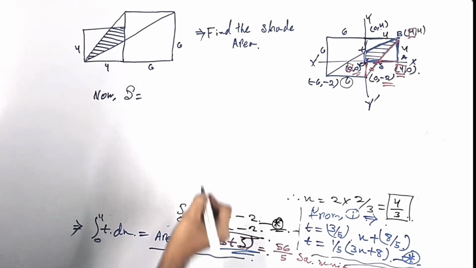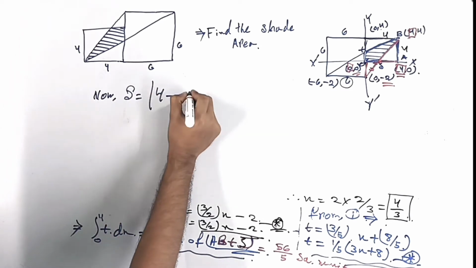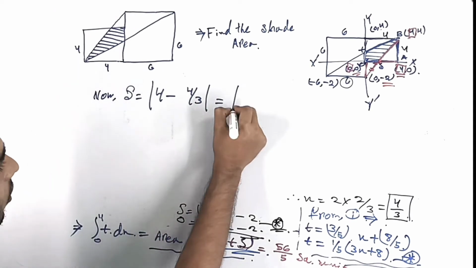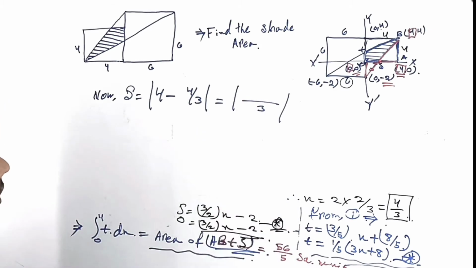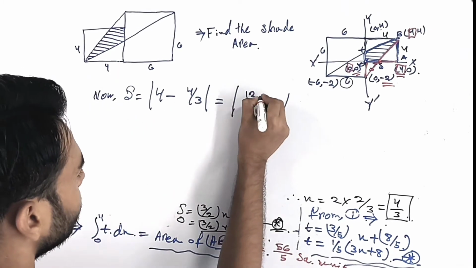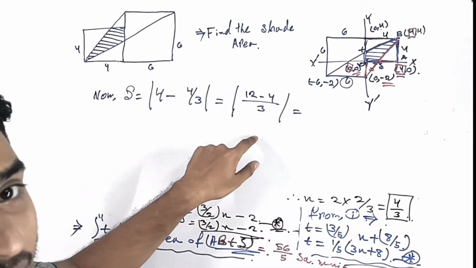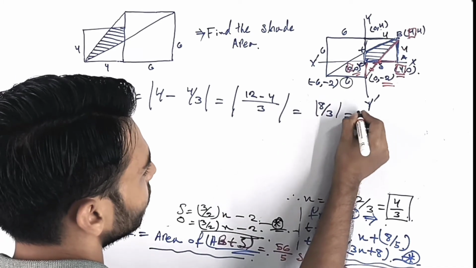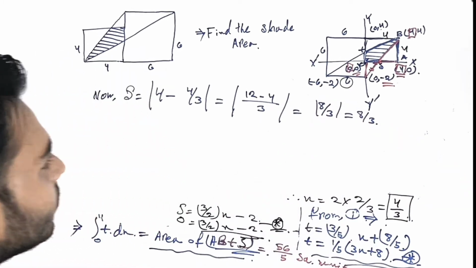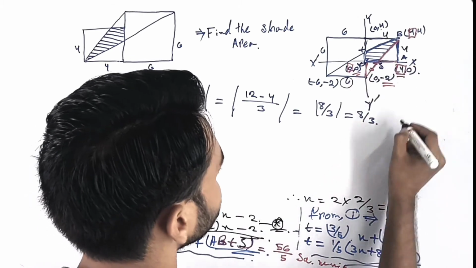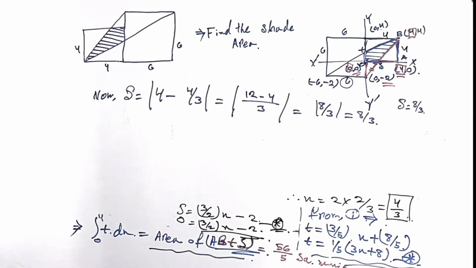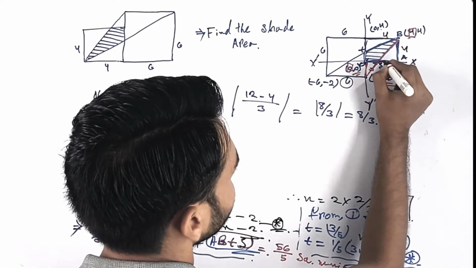So now s equals 4 minus 4 by 3, that's equals the denominator 3 and the numerator 12 minus 4, that's equals 8 by 3, that's it. And since the negative value is coming, we convert it to a positive value with the modulus. So now s equals 8 by 3, that's it.